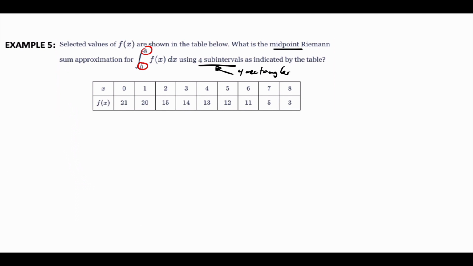So I'm going to have a rectangle that goes from 0 to 2 wide. So it's 2 units wide. Then a rectangle that goes from 2 to 4, then a rectangle from 4 to 6, and the final rectangle goes from 6 to 8.